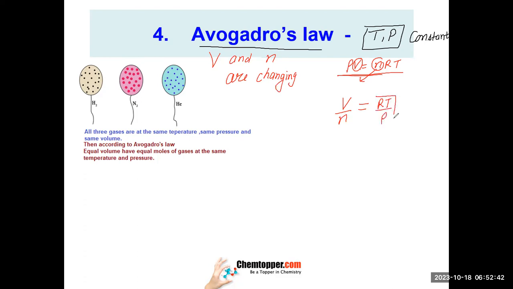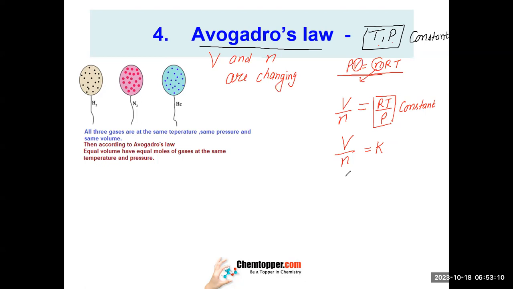What is it, children? R is constant, T and P are constant. We are doing the experiment at constant temperature and pressure. So this is constant, right? So can I say V over n is a constant, K? This constant includes temperature and pressure.